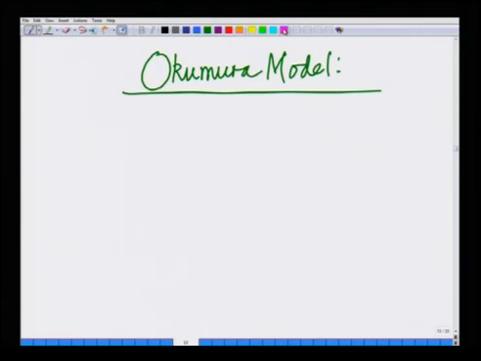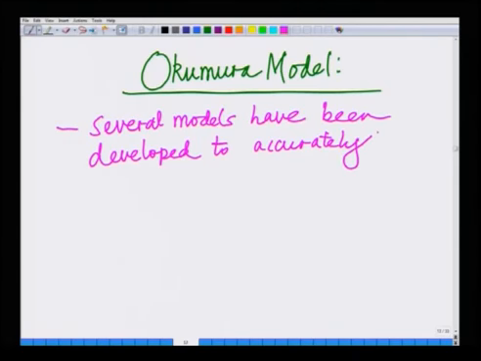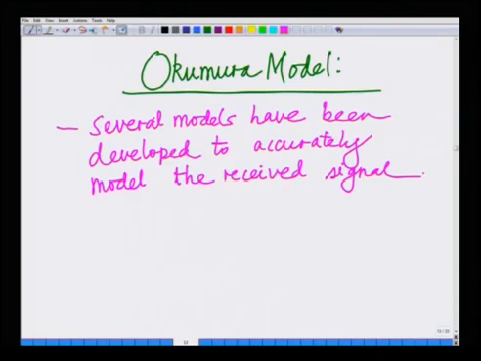Simply put, first let me again reiterate the point: several models have been developed to accurately model the received signal strength in practical wireless scenarios.